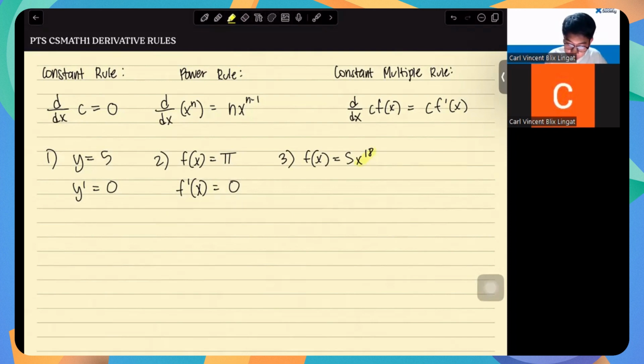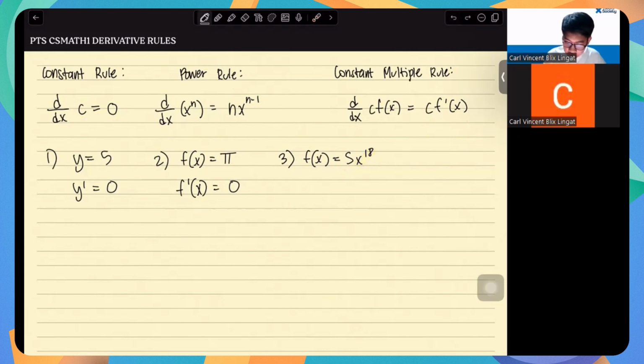According to the power rule, we can bring the exponent down first and then subtract it by 1. After doing this, we multiply it by the constant that we have here, according to the constant multiple rule.